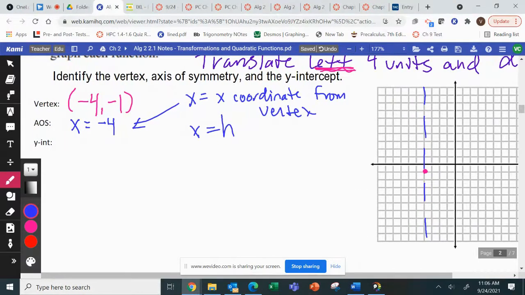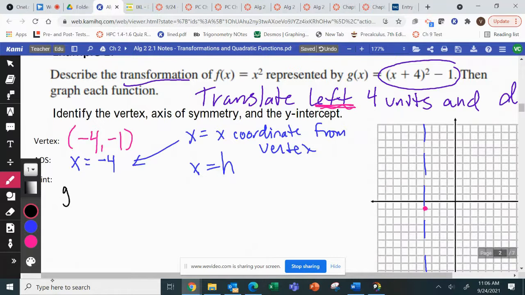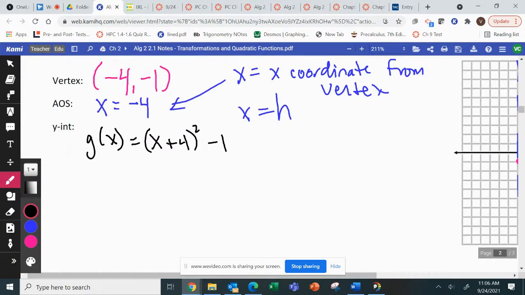And then the y-intercept. I don't have to graph it first. Let's do it by hand. Then I'll graph the thing at the end. So the equation is, I already forgot. There it is. Okay, so to find the y-intercept, we always do the same thing. Always we make x 0. To find the y-intercept, we make x 0.